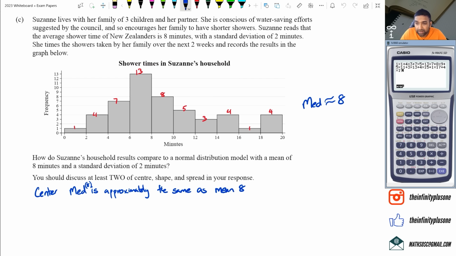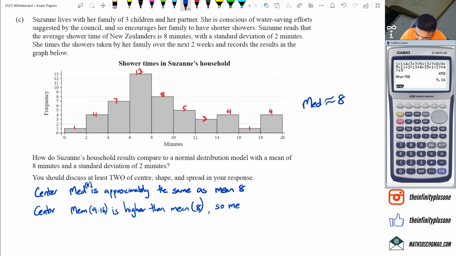Basically all I've done there is multiply the frequency with the midpoint of those values, which gives me 458, and then I know the frequency total is 50. So when I do that, I get 9.16. So the other way you could counter argue that is the actual mean, 9.16, is higher than the given mean, which was 8. So you can say something like, the means are not equal.